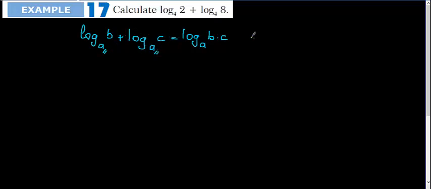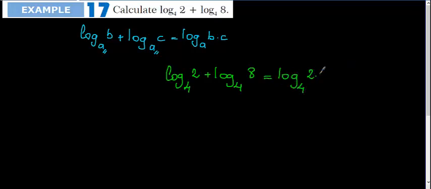If we apply the property on the question, logarithm base 4 of 2 plus logarithm base 4 of 8 should be equal to logarithm base 4 of 2 times 8, which is equal to logarithm base 4 of 16.